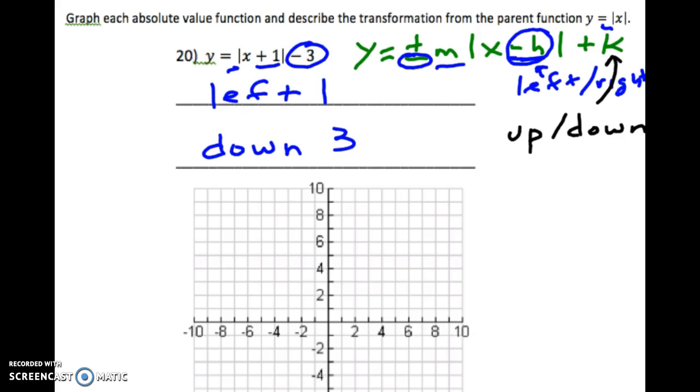So as far as it goes for our vertex, we're going to go to the left 1 on the x-axis. We're going to go down 3 on the y-axis. And that's where our vertex is going to be. Once again, nothing out front, so our slope is 1.